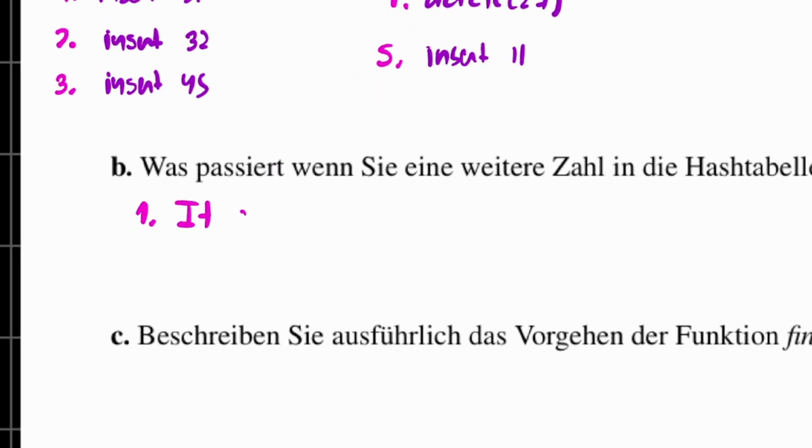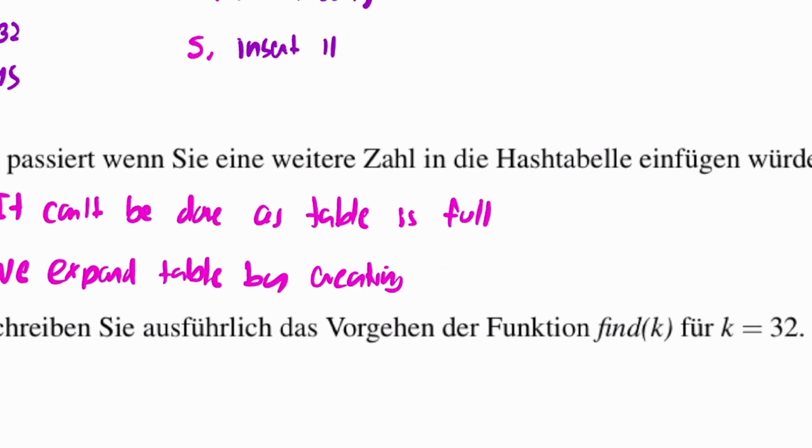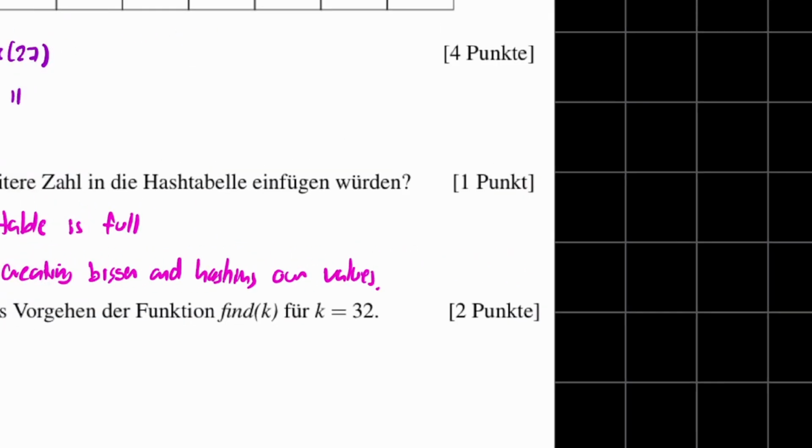It can't be done as the table is full, or we expand the table by creating a new one that's bigger, and hashing our values. And that's pretty much it.